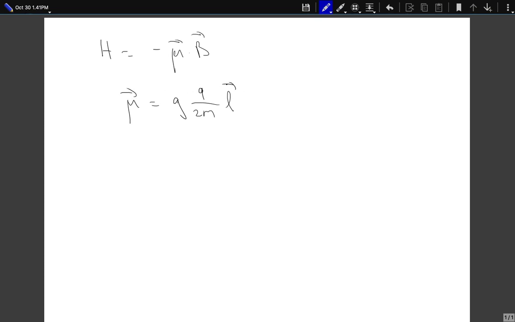And then it says that if the object has a magnetic dipole moment only due to its orbital motion, then g is 1. And if there is also the spin contribution, or if the spin contribution is the dominant contribution, then g is 2.